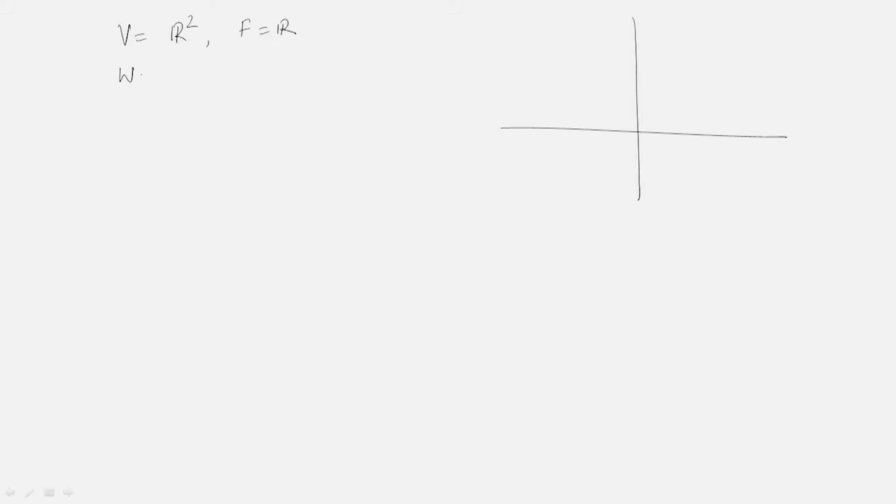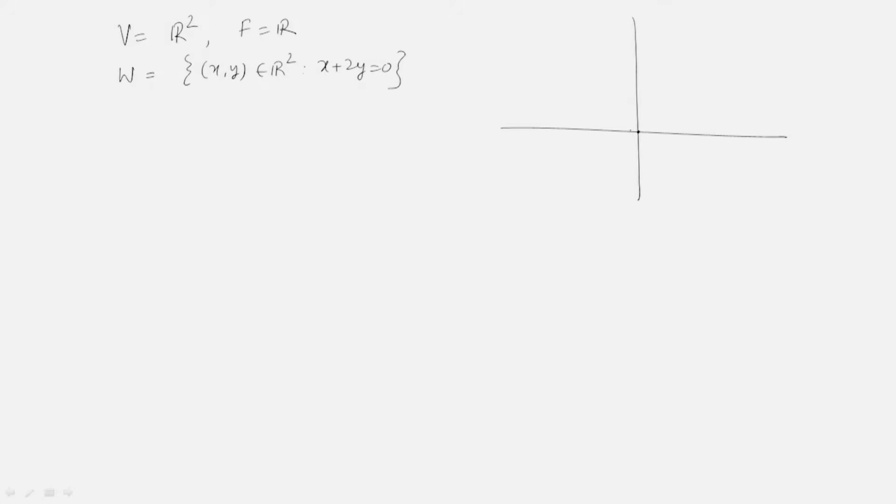V is the entire R2 and the field is R. So, the entire R2 is simply a vector space V over the real field R. Now, W is simply all (x, y) in R2 such that x plus 2y is equal to 0.